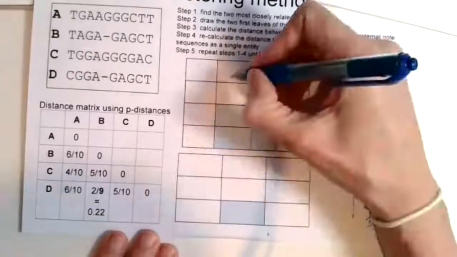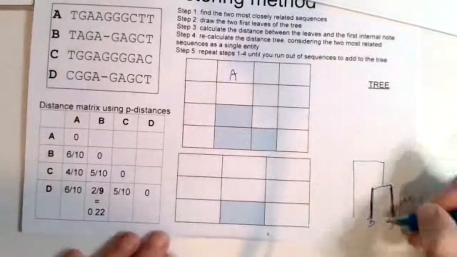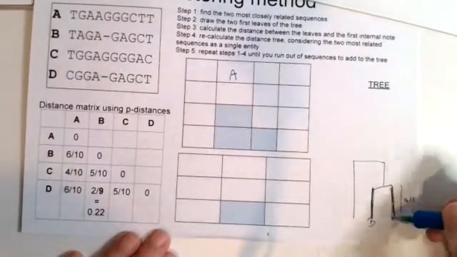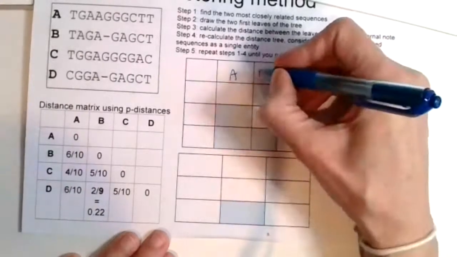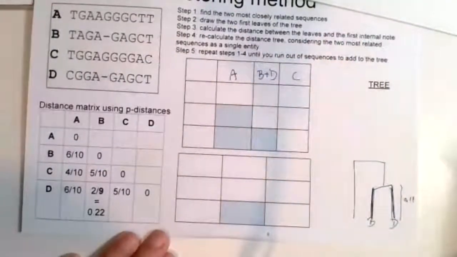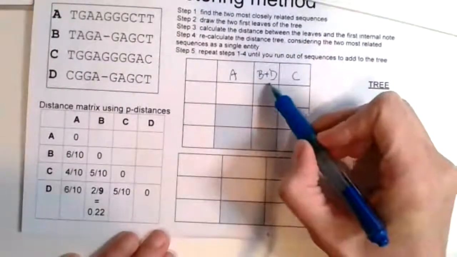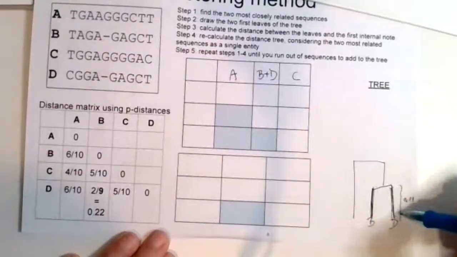All right, the way we do it is, I put B and D here together. Now they are married. They don't exist as separate people. Their opinions don't matter. They share everything. So B plus D, and then A and C. B and D are one entity now because they are one node.